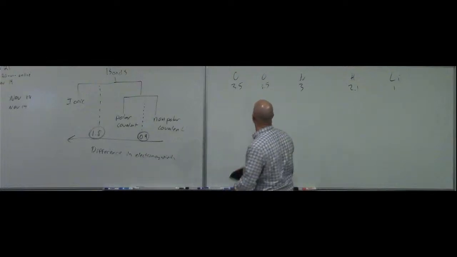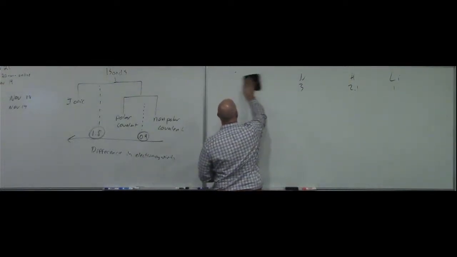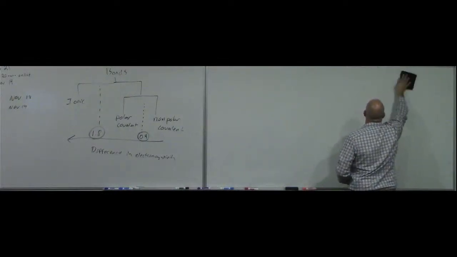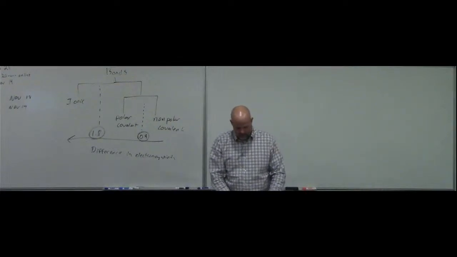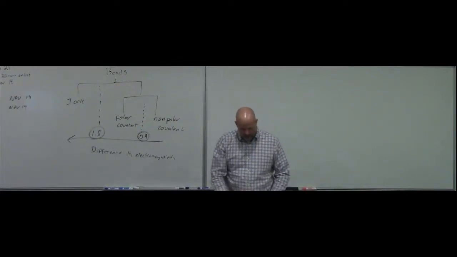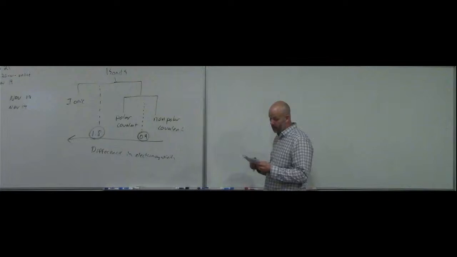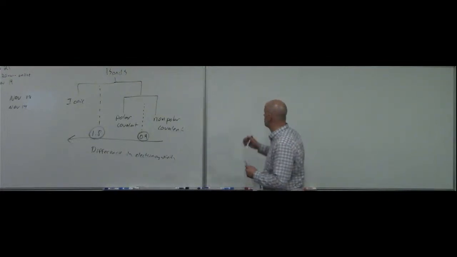Let's go back. Ionic bonds, ionic compounds. It says here the properties of ionic compounds shed some light on the nature of ionic compounds. Since ionic solids exhibit a crystalline structure, so these are ionic solids.